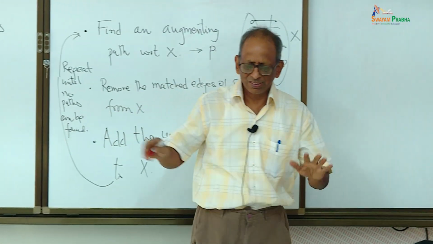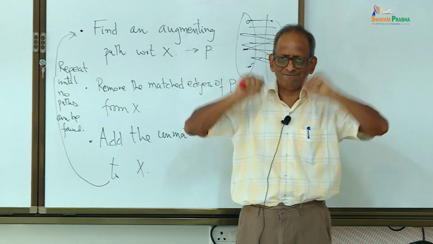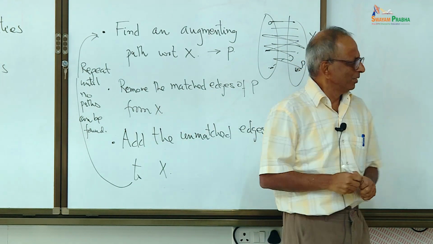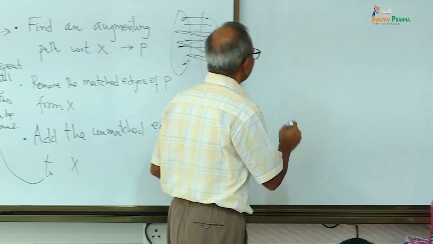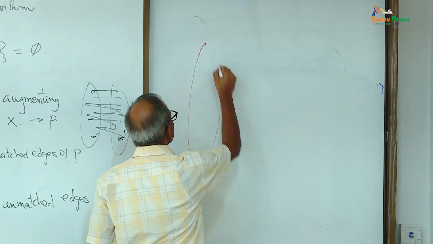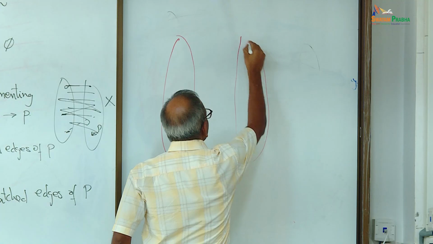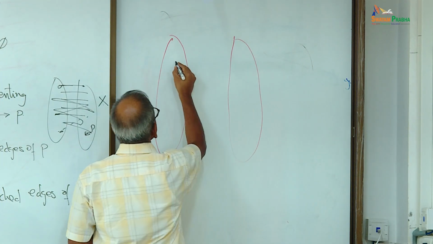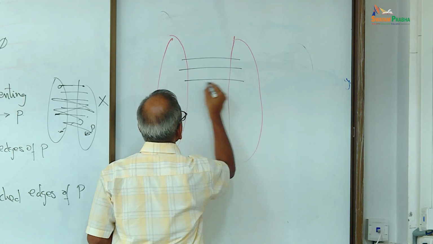Does everybody understand this algorithm? So how do we run this algorithm? Here is a big graph. And at some point, we have this matching.